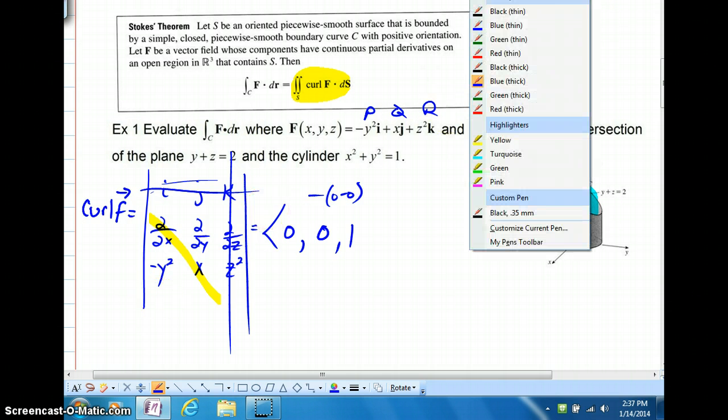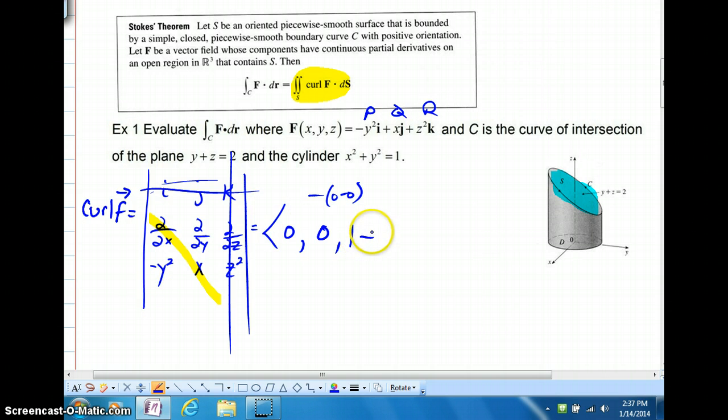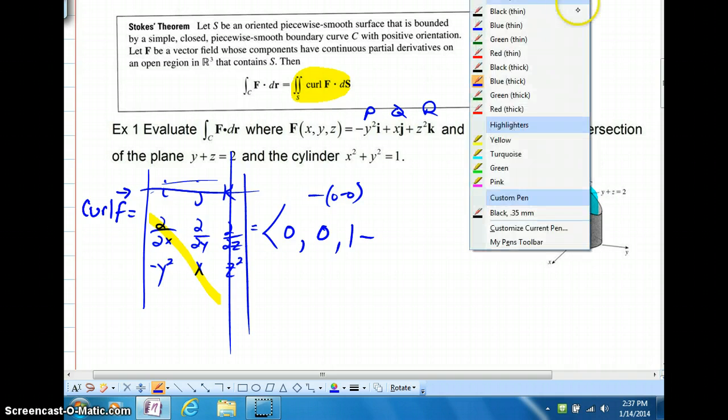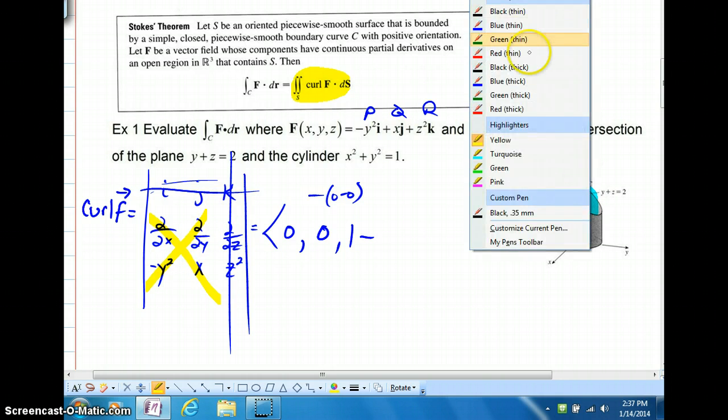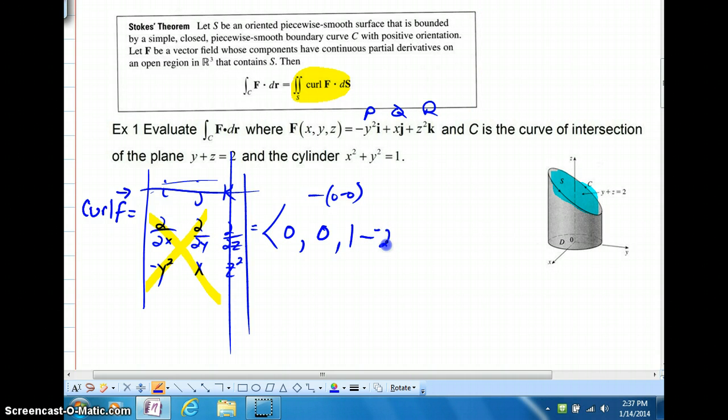Then minus the partial derivative of negative y squared with respect to y. What's that? Negative 2y. So it's 1 minus negative 2y, which becomes, very simply, 1 plus 2y. That's your curl.